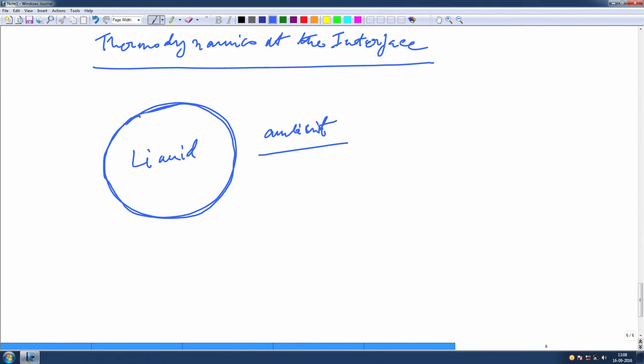Similarly, you can have a bubble. We all have seen it if you blow a bubble; you can blow a bubble inside a liquid also. So, there is an interface which is separating the two phases. And in the first class we said that this can be a nice geometric interface, it can be a corrugated interface, it can be a lot of things.